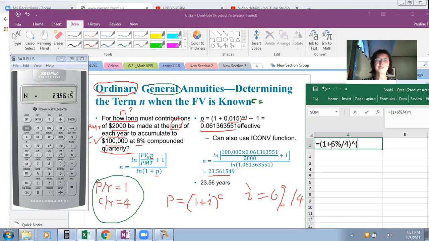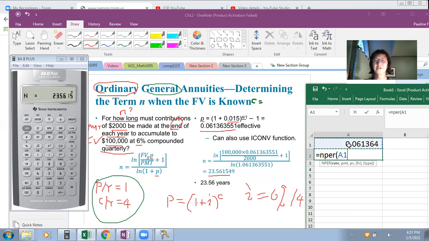Then raised to power C. C is CY over PY, 4 over 1. Then minus 1. So this is P. See, this number is exactly this number here. We calculated by hand.